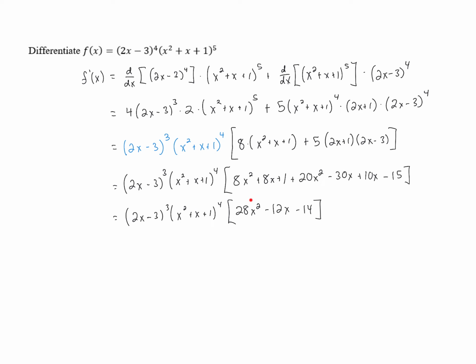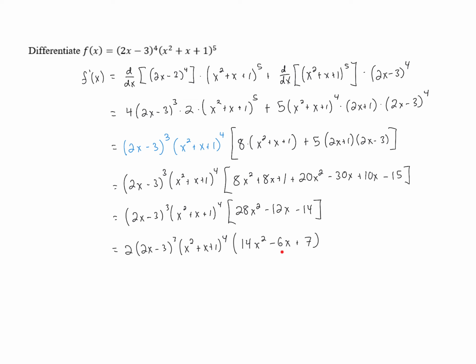We can factor out a GCF of 2 from in those brackets. Let's do that now. So we've got a 2 that we can pull all the way out front, times 2x minus 3 cubed times x squared plus x plus 1 to the 4th. And when we factor out a 2, that leaves us with 14x squared minus 6x plus 7.